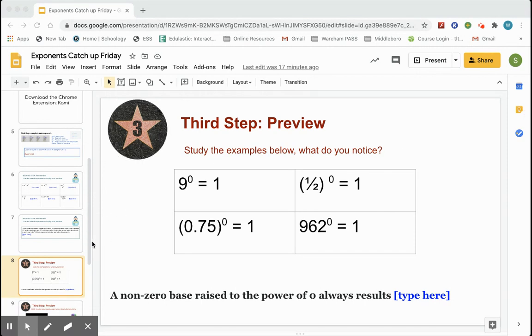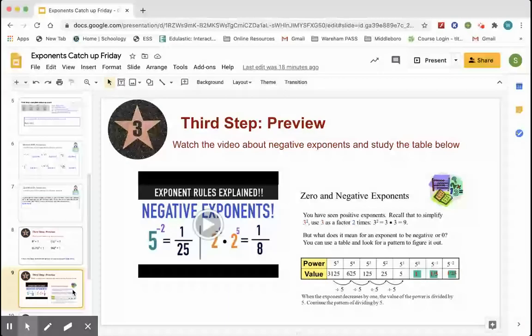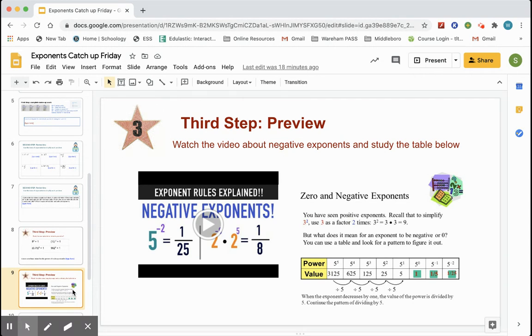So next we are going to look at our next big idea, which is a preview, which means we're going to formally look at this on Monday. So please do watch the video about negative exponents and study the table below.